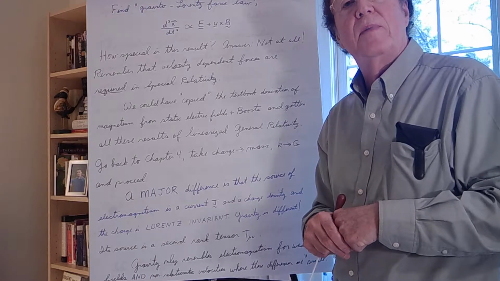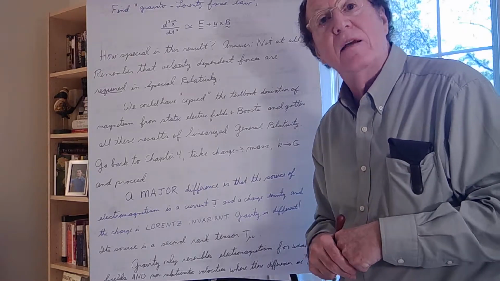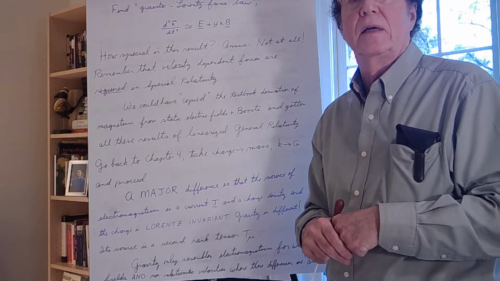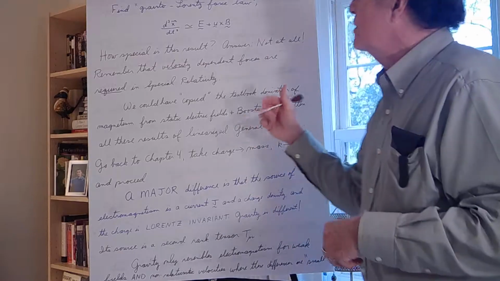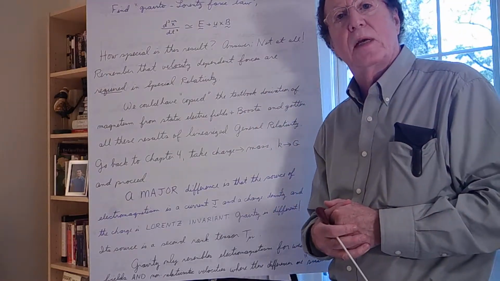The velocity dependent force was created by the magnetic field, which came from a boosted electric field. And I can do the same game here, and I could have derived all of this in that particular way.